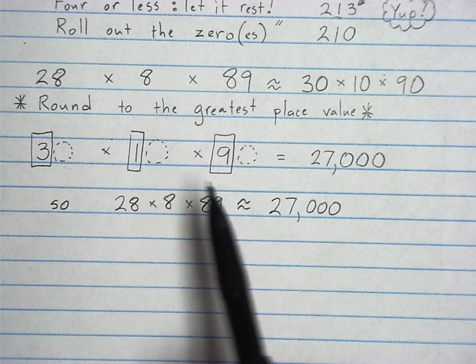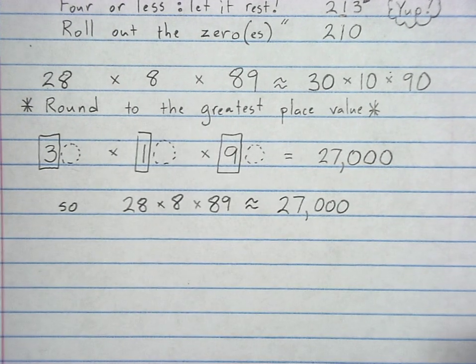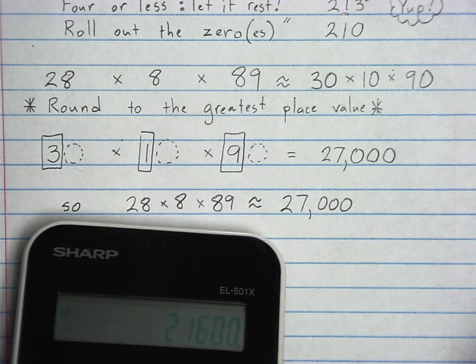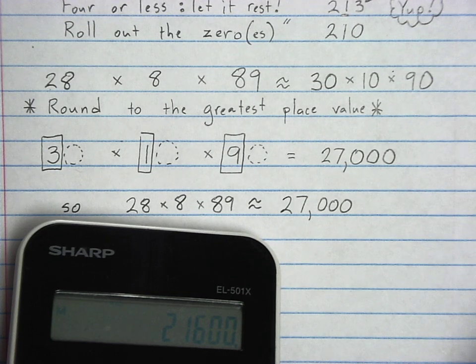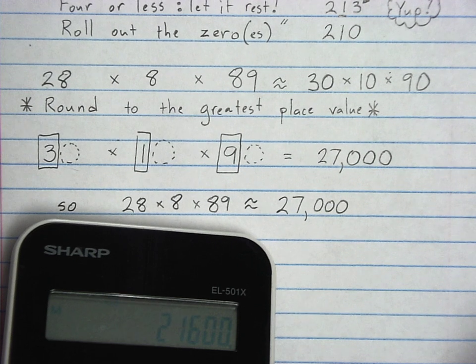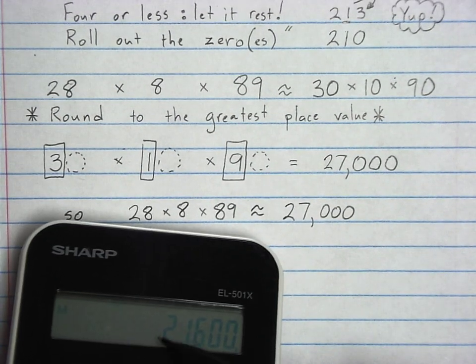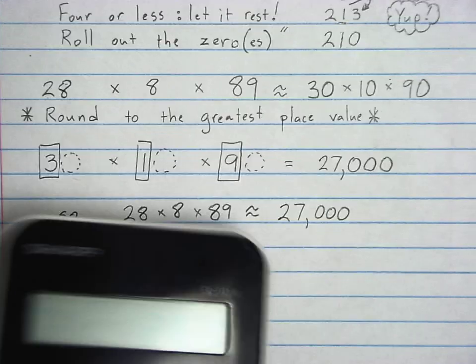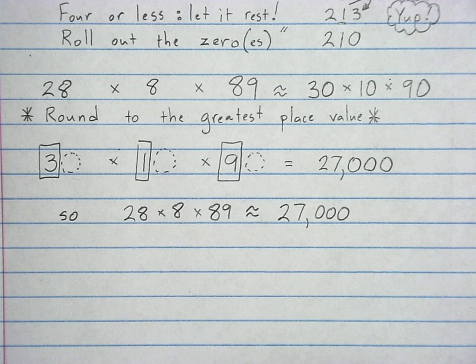If I had done this with a single digit, if I had done 30 times 8 and then multiplied that times 90, I would have gotten a significantly smaller answer, 21,600. That would have been much, much closer to the real true answer. So this would have been a more accurate estimate. Again, that's why I usually tell you to leave the single digit numbers alone. But sometimes we make compromises for things we can do mentally.